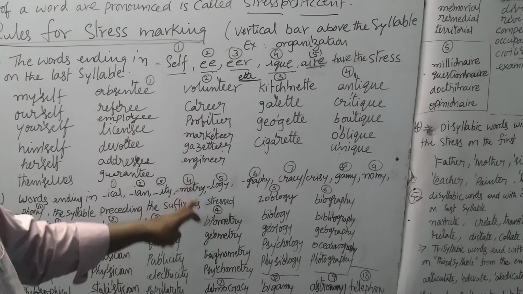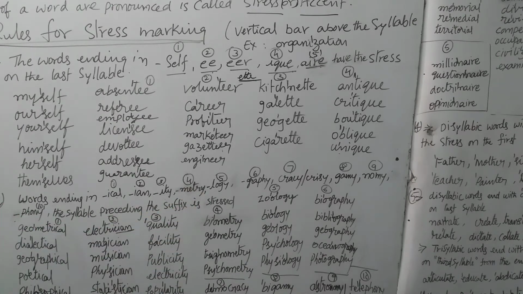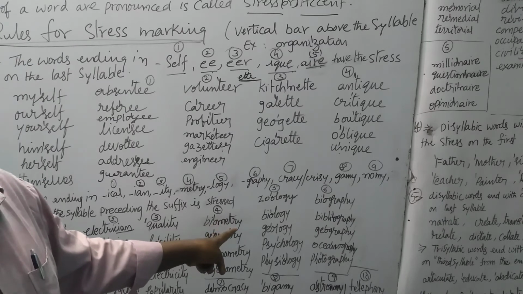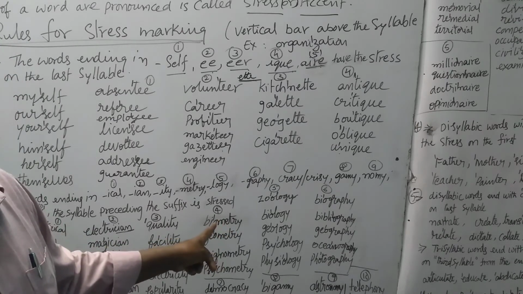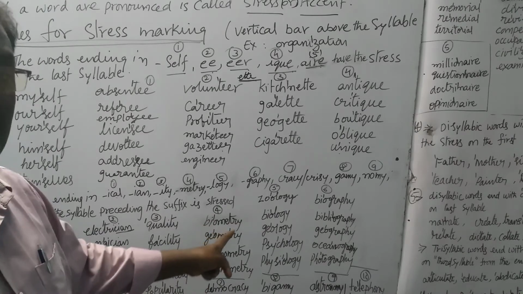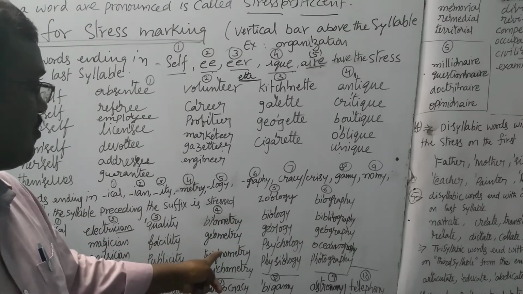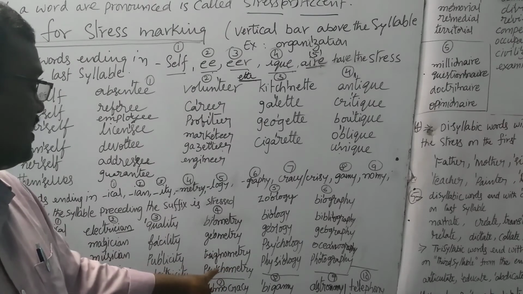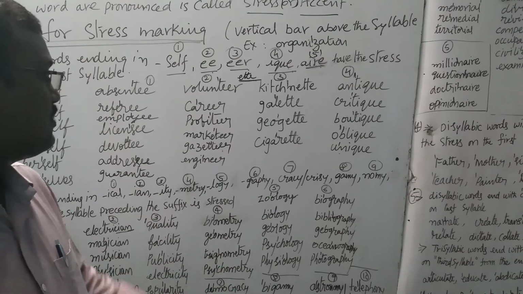Now -metry: if you take -metry, that is the suffix, and we stress the syllable before it. Biometry: o is one syllable, stress o. Geometry, stress o. Trigonometry, stress no. Psychometry, stress ko. Like that we have to stress.